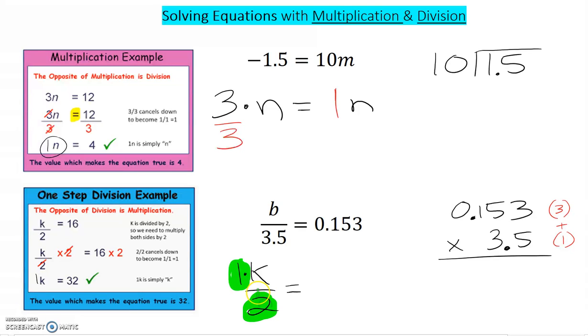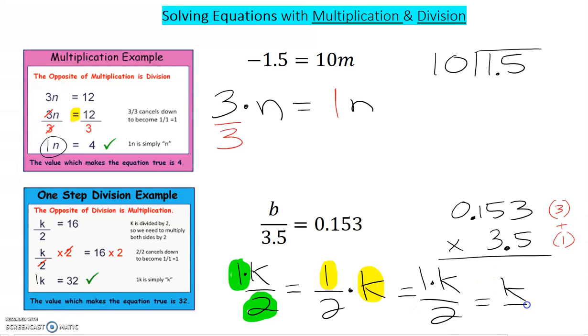And the number in this case would be what? 1 over 2 times k, because when we multiply numerators. So we could kind of put this back together if we wanted to. So 1 times k over 2, and that of course is just k over 2. That's a quick review of all the little parts and pieces.